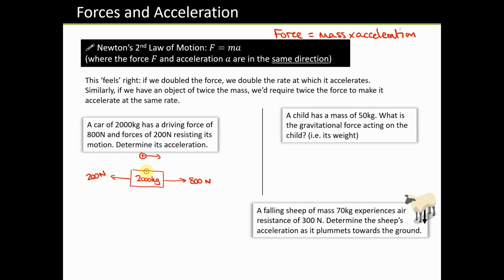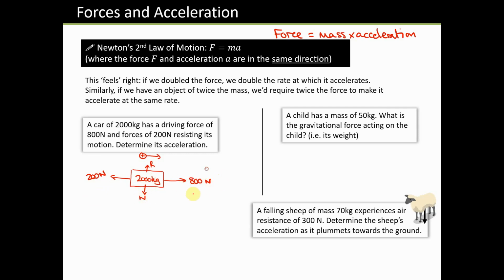Well, we could also label on its weight and the reaction force. But actually in this case, it's not going up or down, so that's not important to our diagram. It's just the left and right forces because we are moving along a road. So when I talk about the force, that is actually the resultant force.